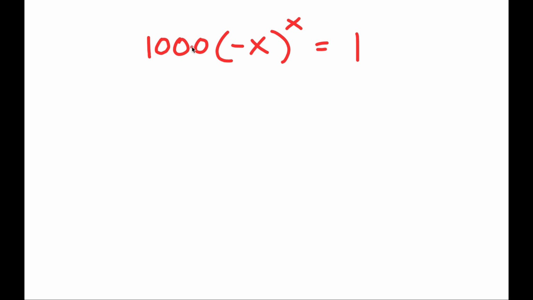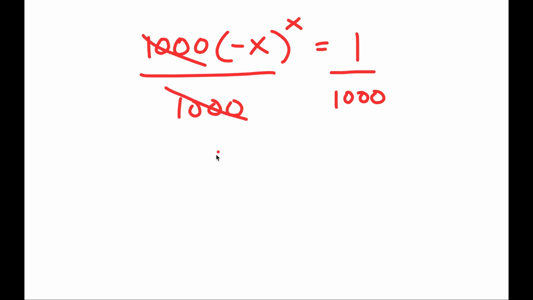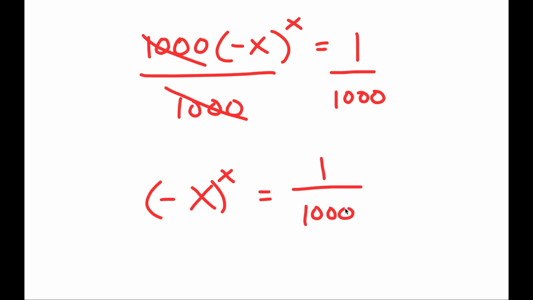What I'm going to start off by doing is dividing both sides by 1000. So now I have negative x to the power of x is equal to 1 over 1000.